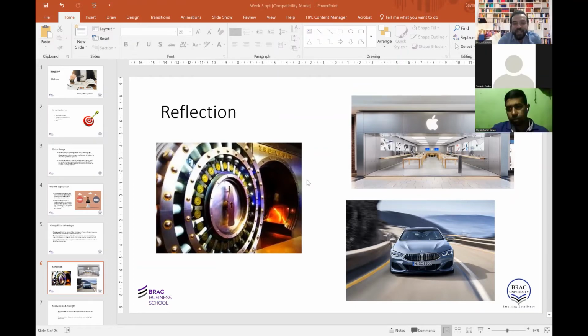And it is being said that this is the secret vault where they have kept their recipe of Coke. And no other brand, despite trying a lot, has been able to replicate Coke's revolutionary flavor into their soft drinks. There are many other cola drink providers, but none of them have been able to replicate what Coke has done. So this could be an example.